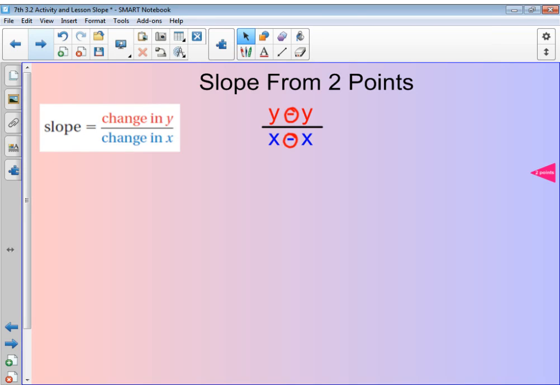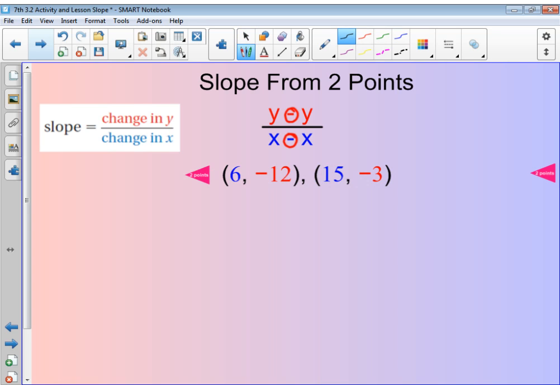Okay, so we're going to go ahead and start with 2 of our points. So here's a situation where we've got a set of coordinates. Sets of coordinates are always set up the same as the alphabet. They are set up as x, y. So this is our x and this is our y.